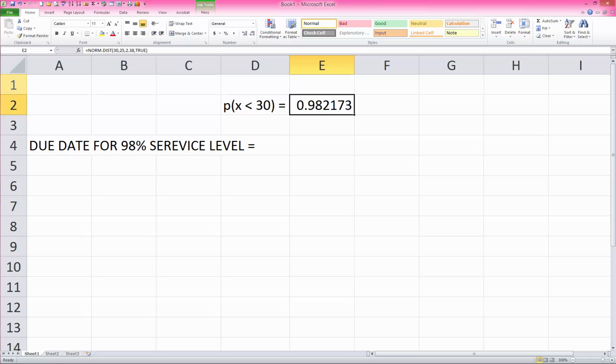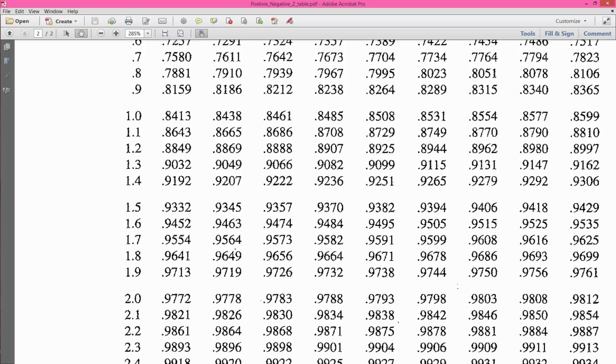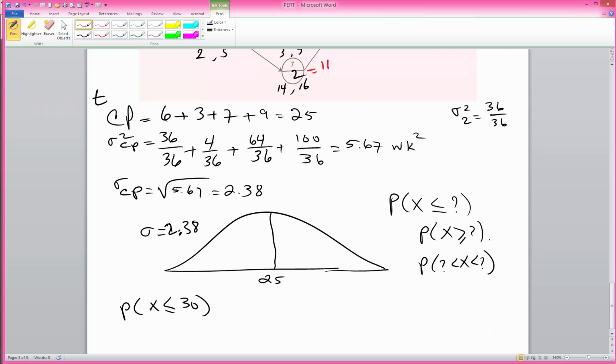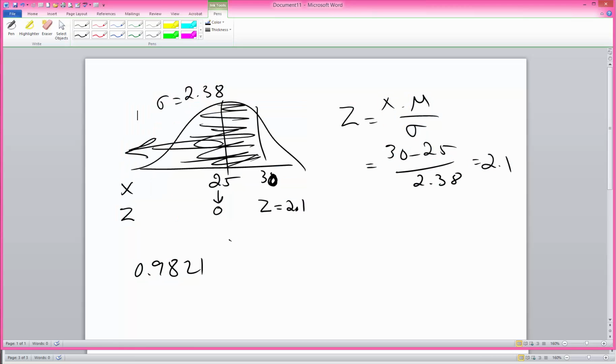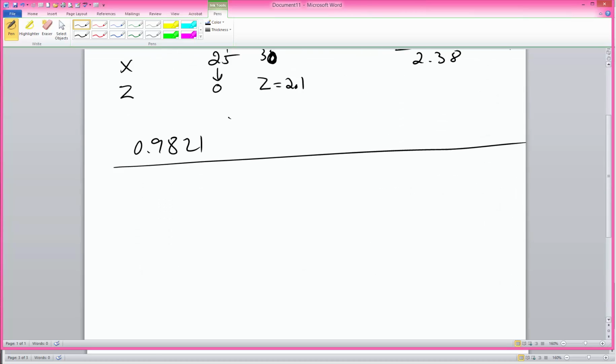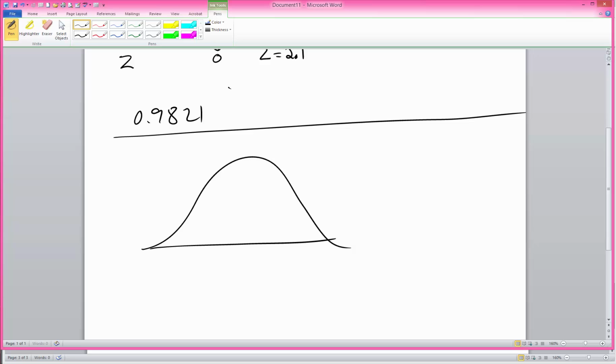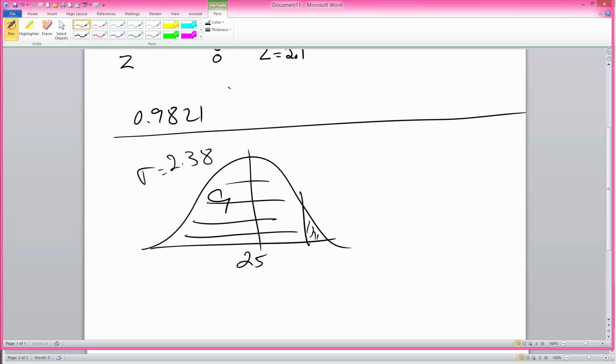Now another type of problem that we can solve is if I have information about a project and I want to know what is the due date that I must promise so that I will have a 98% service level and only a 2% chance that I will miss that delivery date.